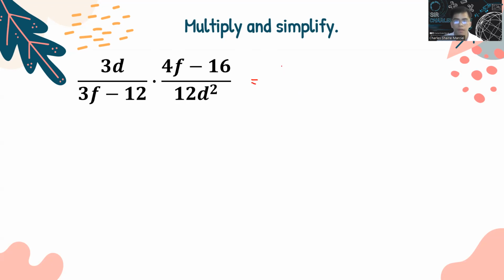Try nating sagutan. So i-copy lang natin yung 3D and also i-factor natin yung nasa denominator. I-factor out natin yung 3, then ilalabas natin siya. So we have f minus, mag-iisip tayo ng pwedeng i-multiply kay 3 para makuha pa rin yung negative 12.